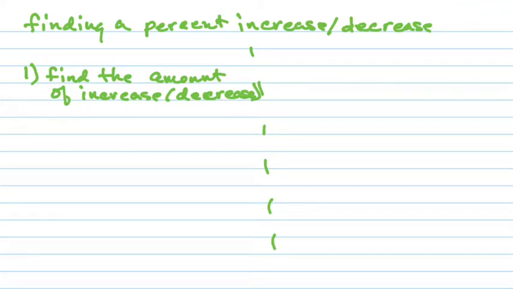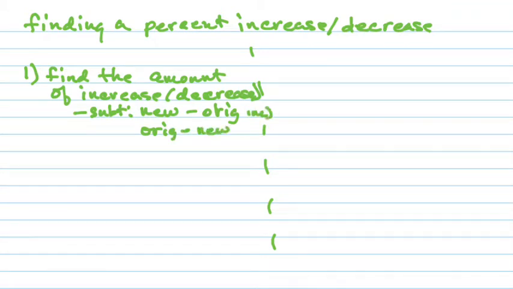So find the amount of increase or decrease by subtracting, okay, the new minus the original usually. But if it's an increase, that's new minus original, or it could be the original minus the new one for decrease. Because you don't want to work with negative numbers with this.